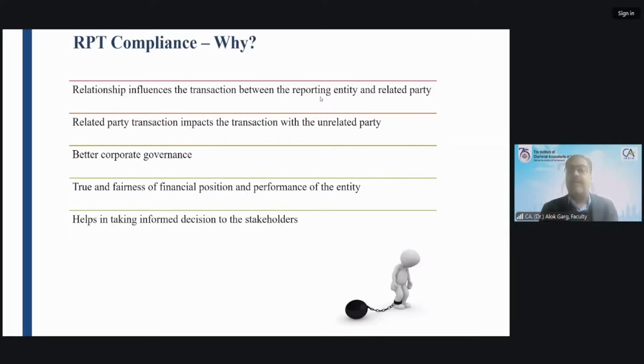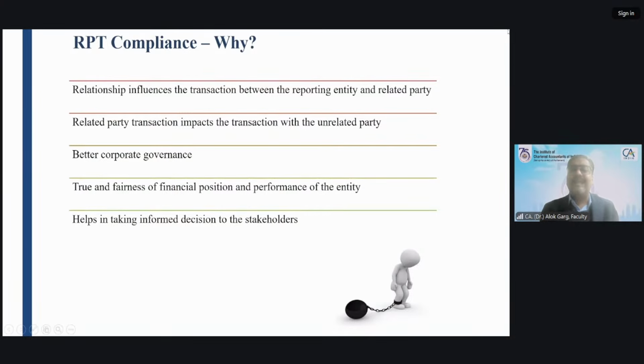For example, this Ind AS, the Companies Act and other regulatory acts talk about how a related party transaction has to happen at arm's length, right? What is meant by arm's length? It means you are selling goods and services to a related party, or entering into a transaction with the related party, at the same price and on the same terms which you would have entered into with an unrelated party, right?